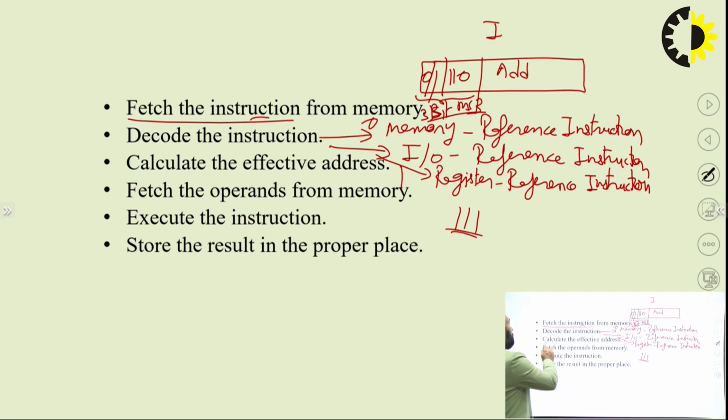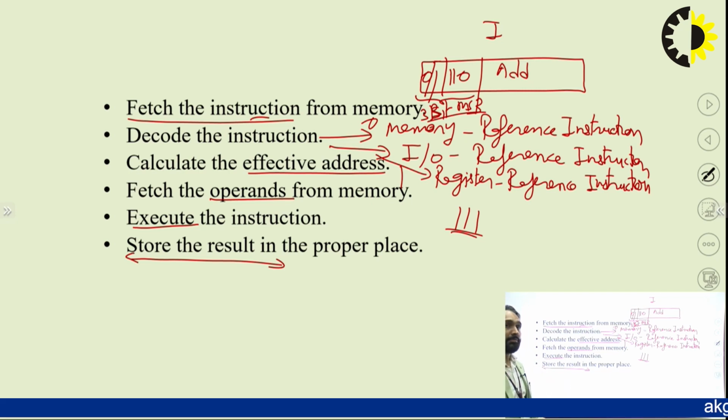Then we calculate the effective address of the instruction. After that, we fetch the operand, the data on which the operation is performed, from a memory location. After that, we execute the instruction, and as I said earlier, finally we store the result of the executed instruction back to the main memory.